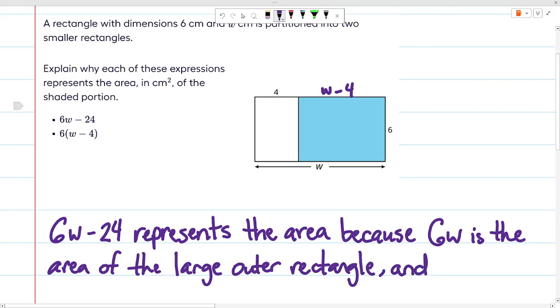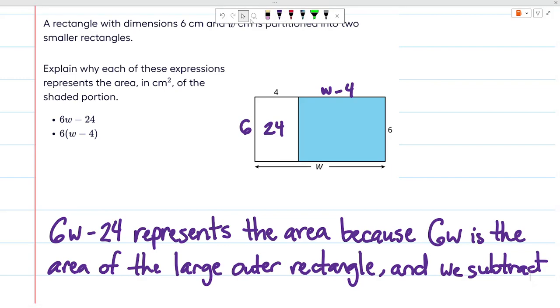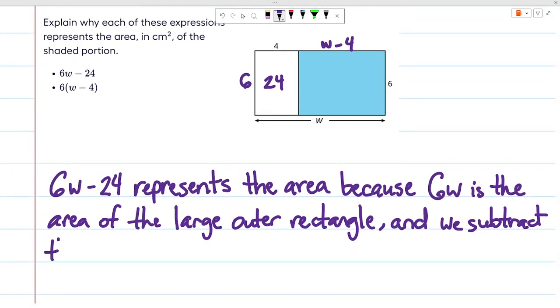And then when we subtract 24, what are we subtracting? So let's put a 6 here. What's the area of this white rectangle? Well, it's 6 times 4, which would be 24. So we subtract the area of the white rectangle that we don't need.